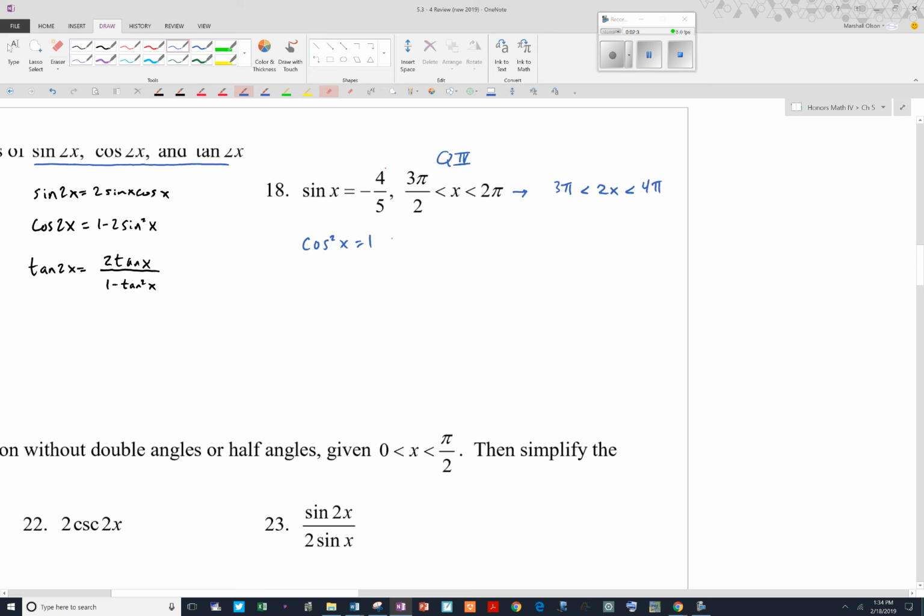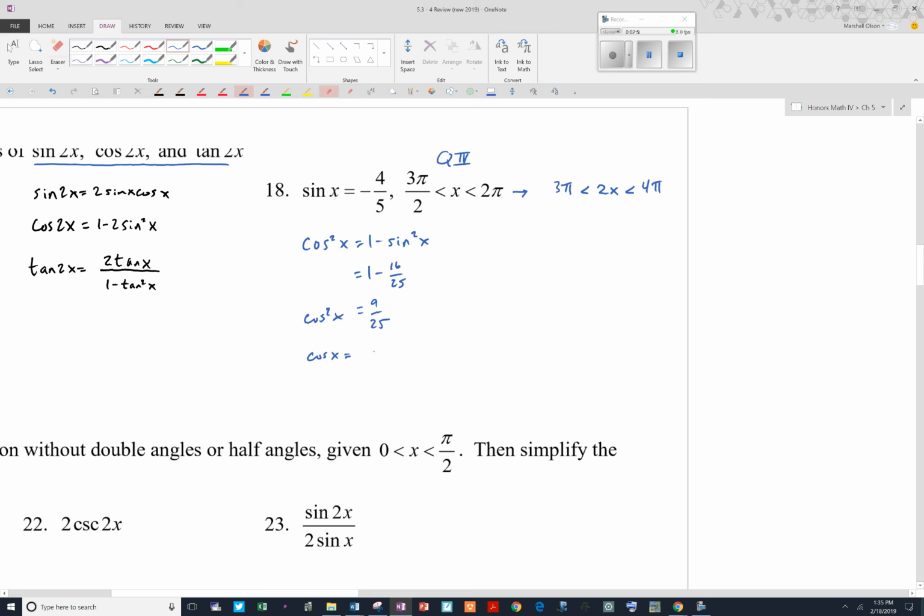So another cosine squared equals 1 minus sine squared. So we're going to have 1 minus 16/25ths. Negative 4/5 squared is going to be positive 16/25ths. And that's going to give us 9/25ths. And then you're going to take the square root of that, because that's cosine squared.